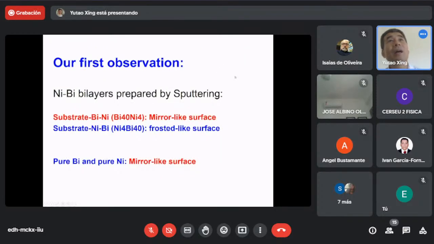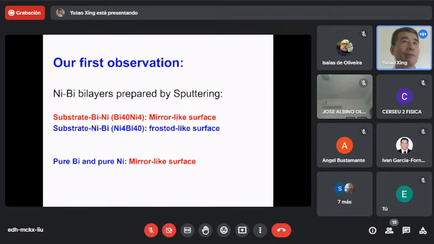So when we were trying to make different samples with different deposition order, the first one is if we deposit bismuth first and then nickel, for example, bismuth 40 nanometers, nickel 4 nanometers, the sample is mirror-like. The surface is like a mirror, like normal metallic thin films.